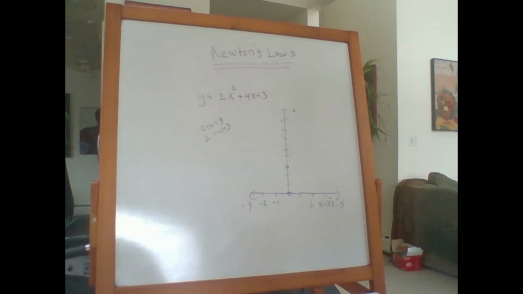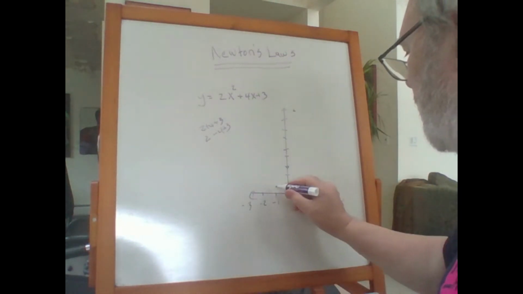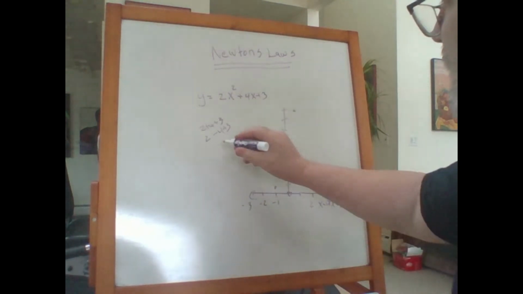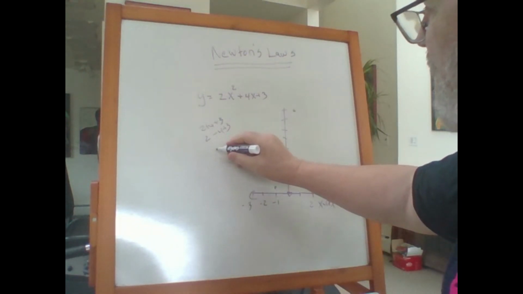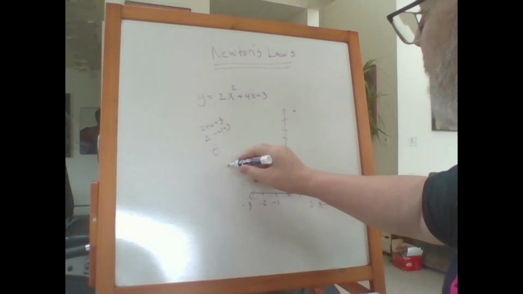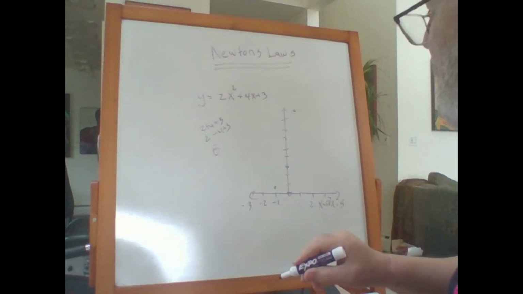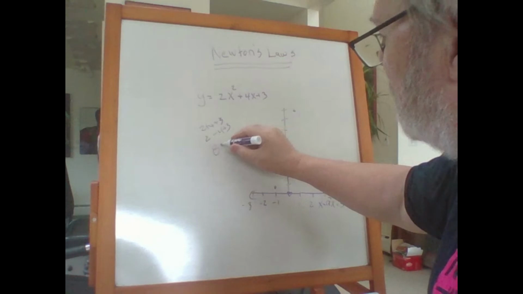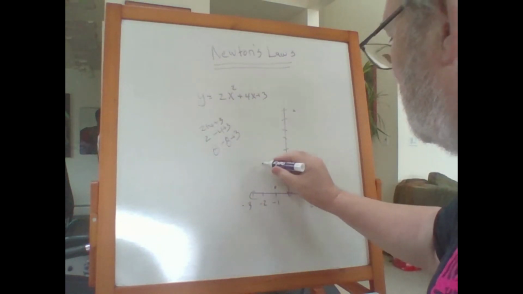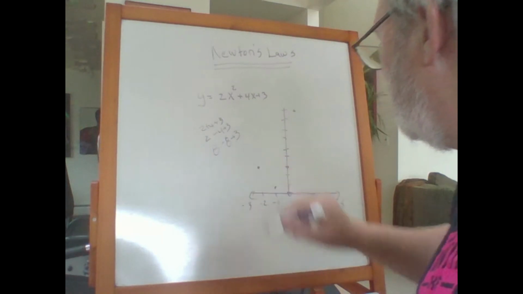So that's 5 minus 4. We're at 1. And then at negative 2, we got 4 times 2 is 8, minus 2 times 4 is negative 8, plus 3. So we're back up to here again.